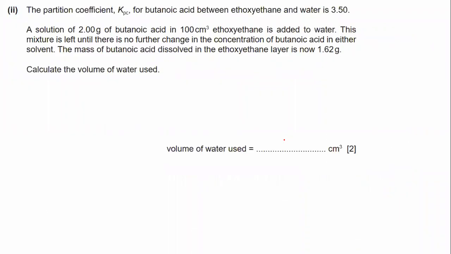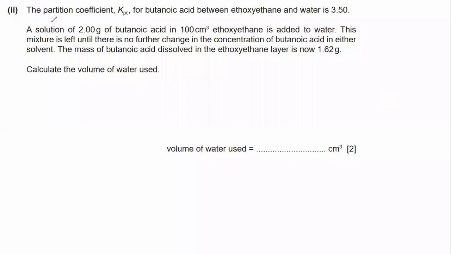Moving now to another question. Here, the partition coefficient KPC of butanoic acid between ethoxyethane and water is 3.5.